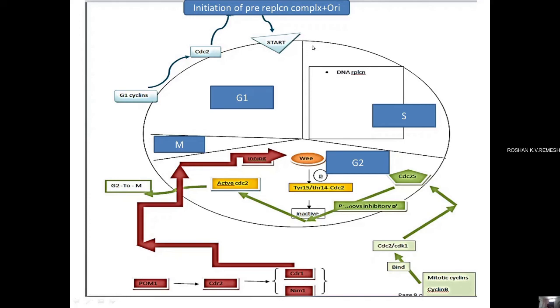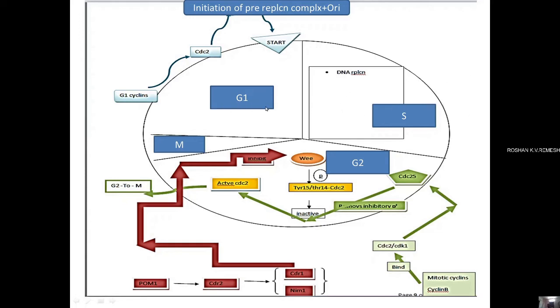Once DNA replication initiates, we can say that the cell cycle is driven into the S phase, because the major metabolism happening in the S phase is DNA replication.